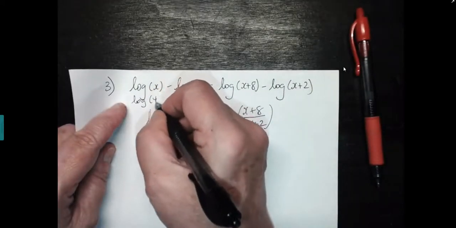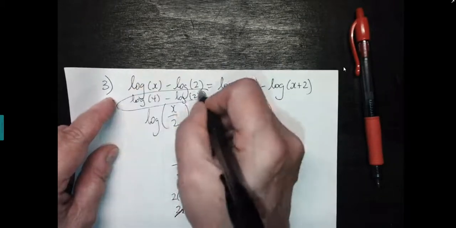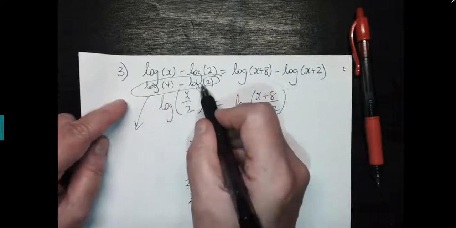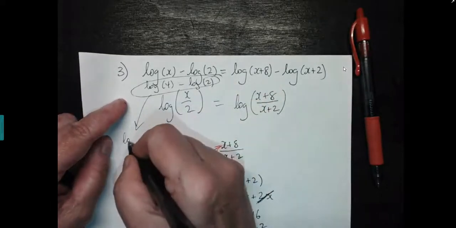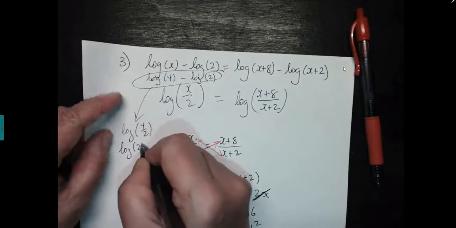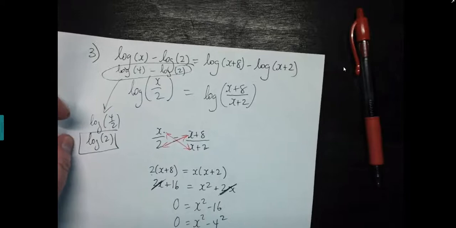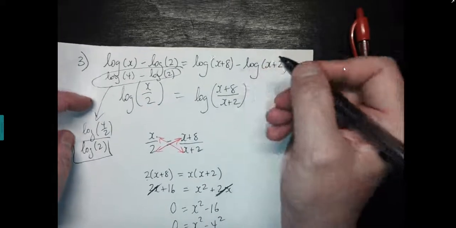What about x equals 4? And what does this side give me? That side will give me that. And then if I use the quotient rule, I get that, and I'll get the common logarithm of 2 on the left-hand side. Now what if I plug in x equals 4 on the right-hand side?